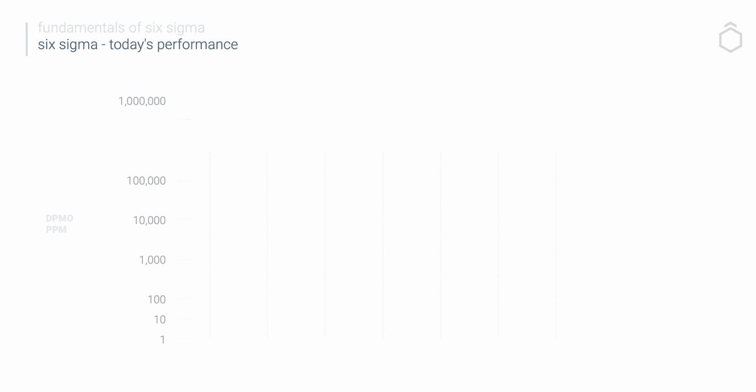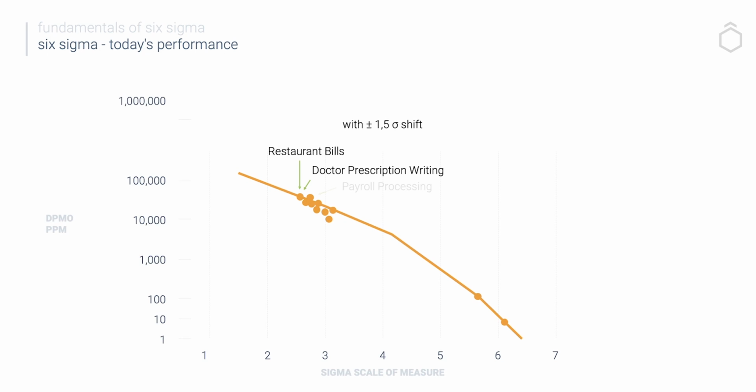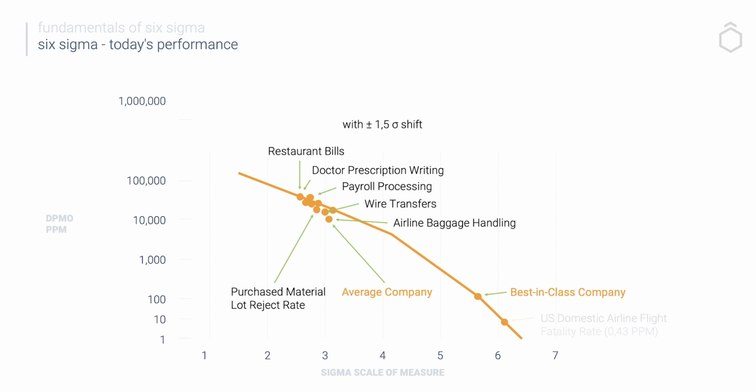And just one more area to put it in perspective and get your thoughts going: if you think about certain businesses that you work within, not everybody needs to be Six Sigma. This slide really just gives you an idea. Let's think about restaurant bills, where 70,000 to 80,000 times per million they're going to get them wrong.